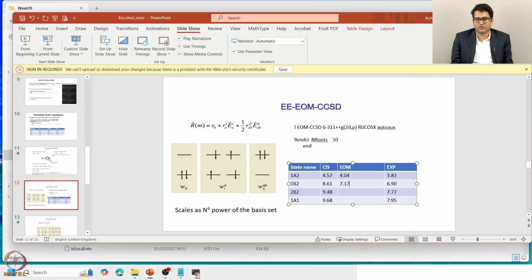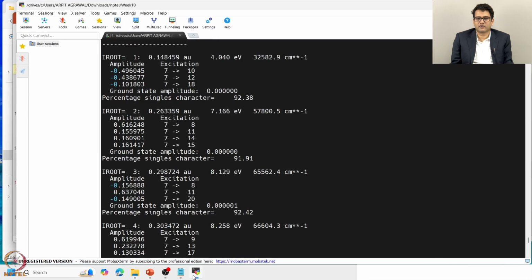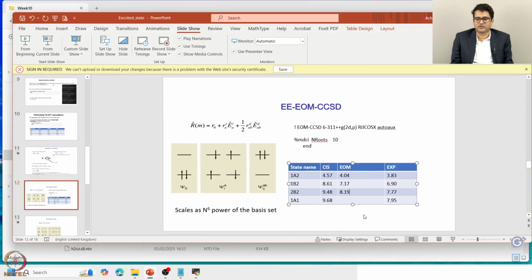So, for the Rydberg state, actually, sometimes the improvement is high. For high-lying Rydberg states, the improvement can be enormous, and the last one is 8.26. So, these are much better agreement than what you will get in the CIS.